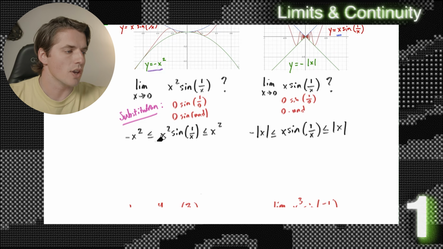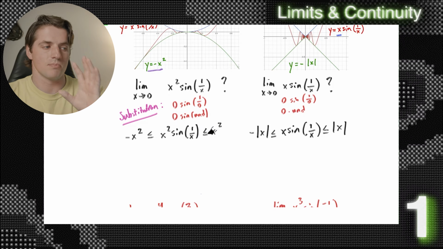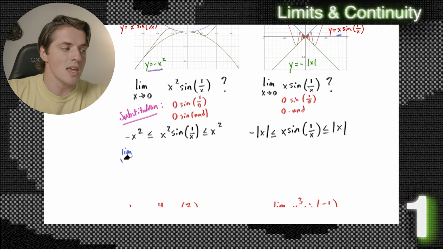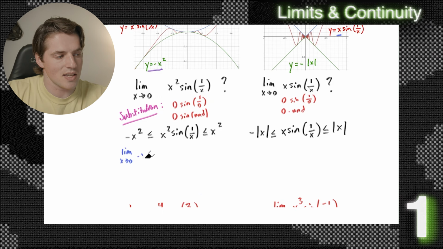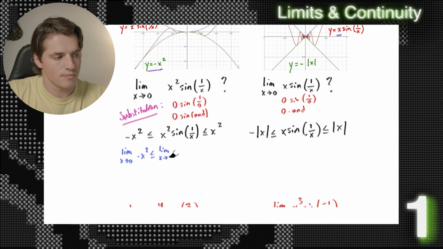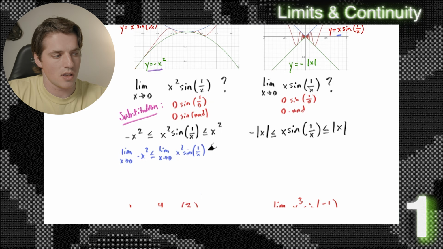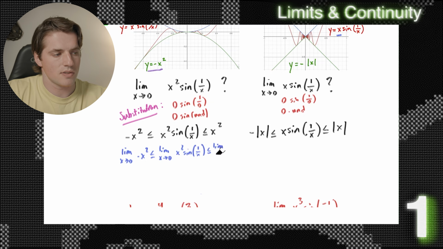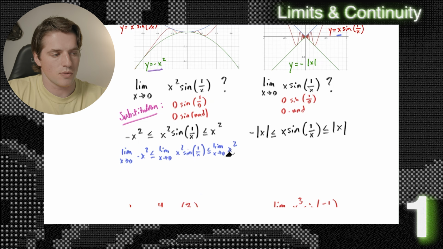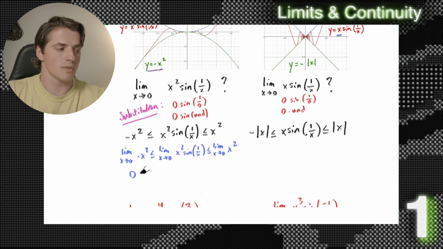So we know negative x squared is less than or equal to x squared sine 1 over x, which is less than or equal to x squared. If we take the limit as x goes to 0 of all of these functions, we can solve the outside limits using direct substitution.